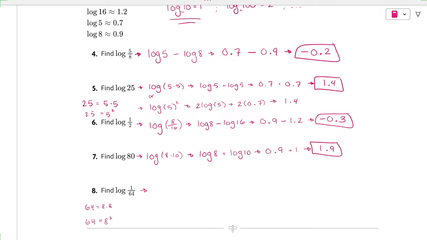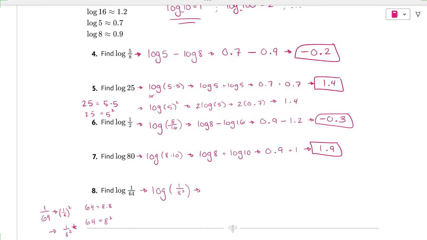And there's also a lot of ways I could rewrite, like I'm ignoring the 1 right now, but I could do 1 over 64 as 1 over 8 squared, or just 1 over 8 squared. Those are equivalent, so I'm going to choose to use this bottom one, so I don't have to worry about distributing a 2. So log of 1 over 8 squared.